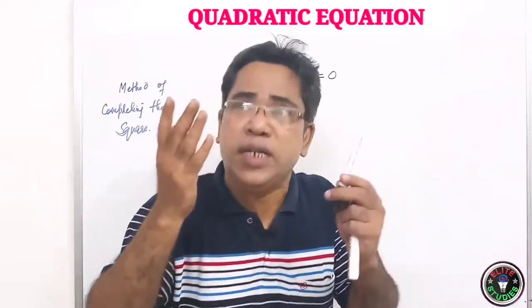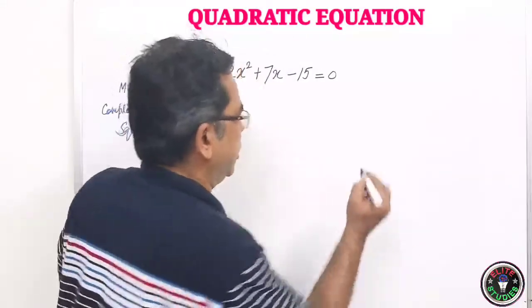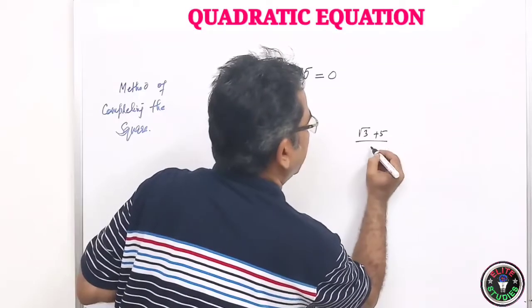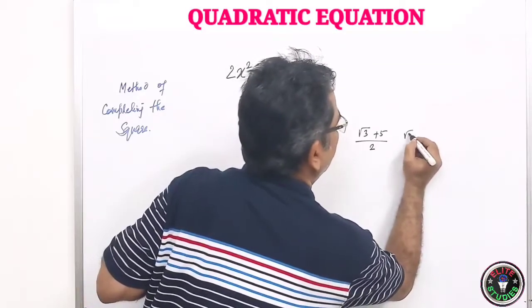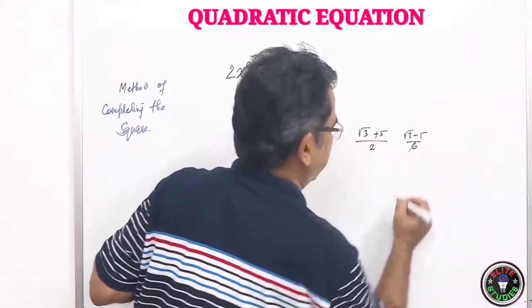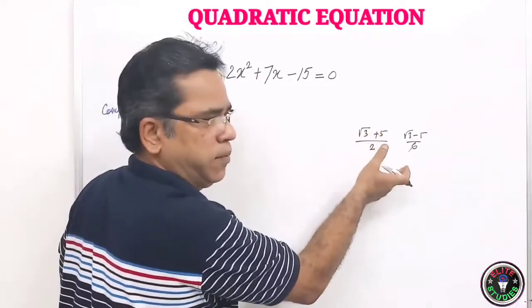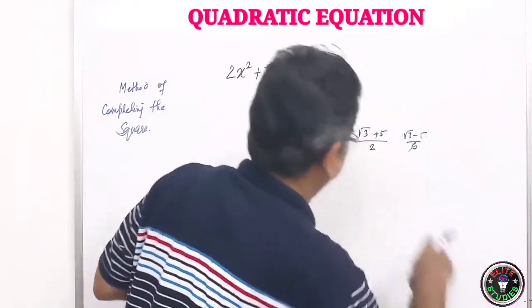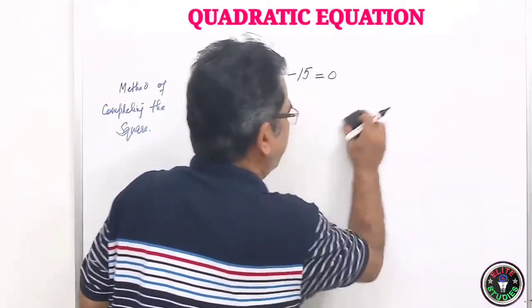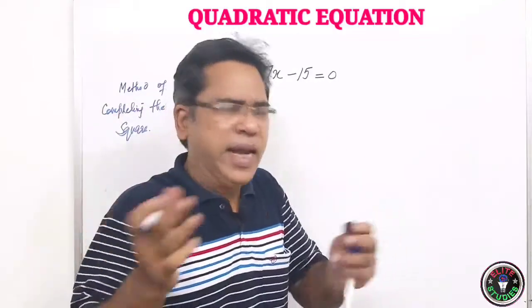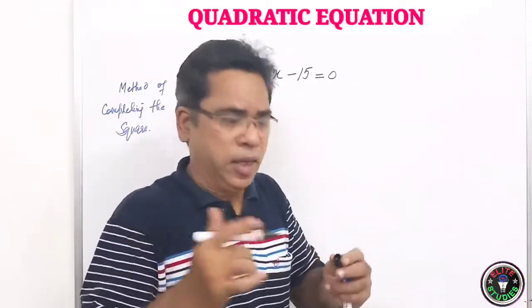Even in some quadratic equation, the roots may be like this. It may be like this, root 3 plus 5 by 2, and it may be root 3 minus 5 by 6. It may be asymmetrical like this. So in such type of cases, if you try to attempt that factorization method, then it will be a bit time consuming and it is not also convenient.